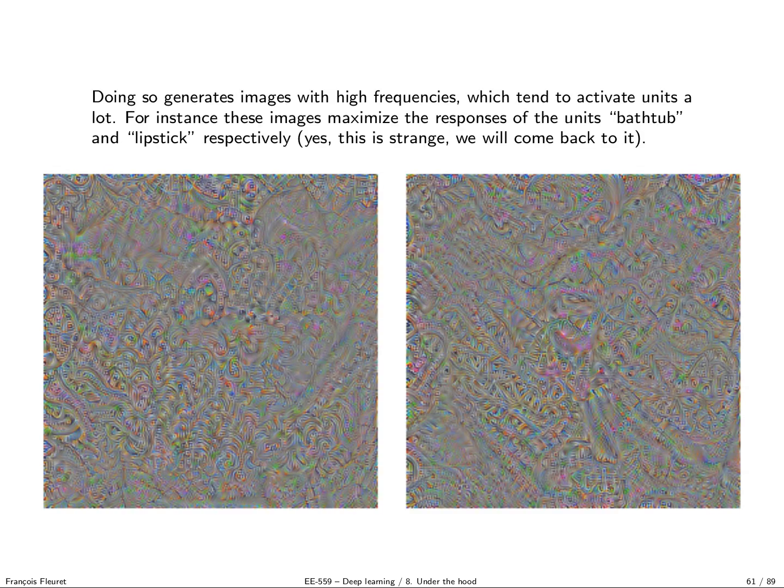So if we do this, here is an example with AlexNet on the class Bathtub on the left and Lipstick on the right. This is a bit too brutal, and we get some quite unrealistic images, with high frequencies.